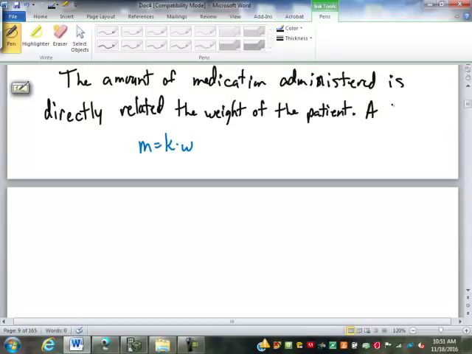A 120 kilogram patient receives 600 milligrams of medication.